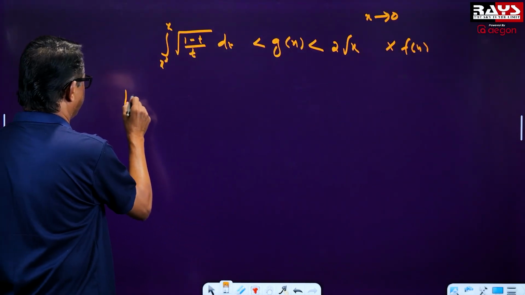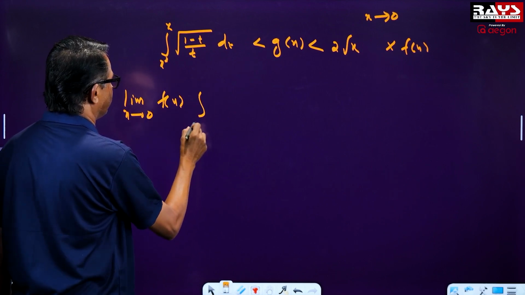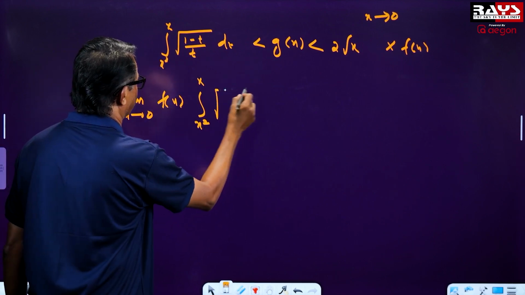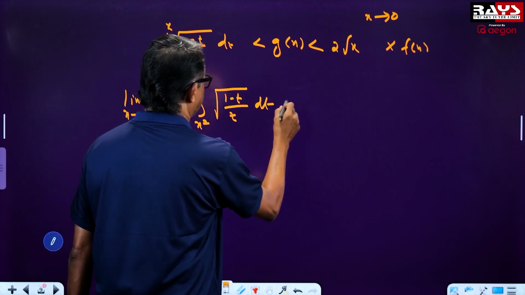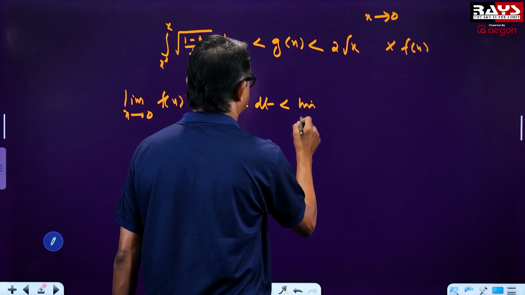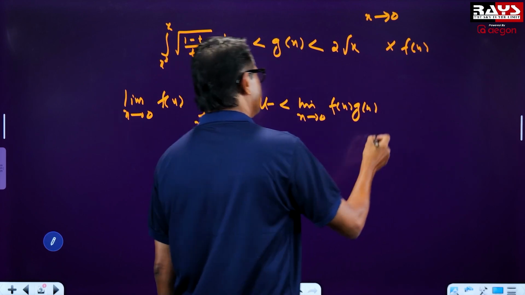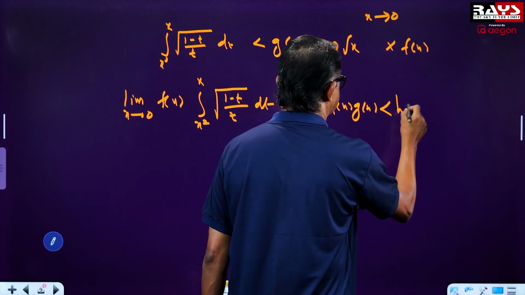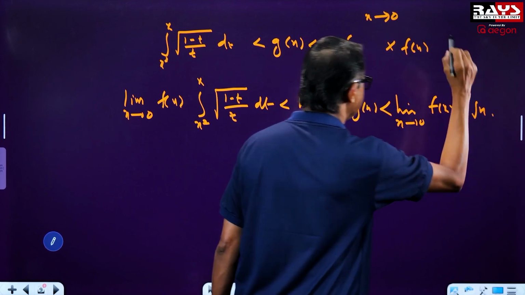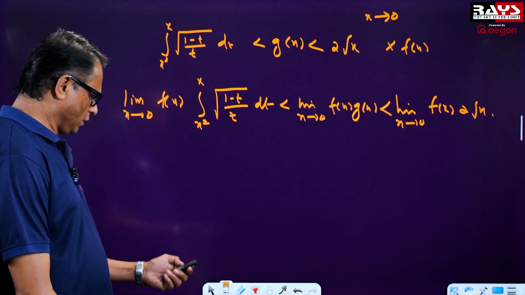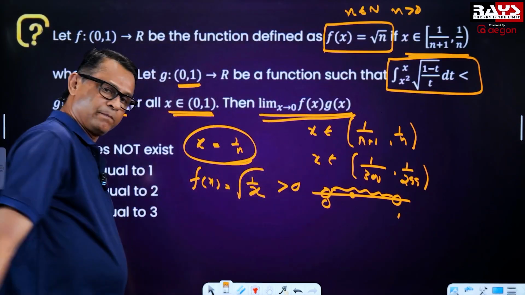So I multiply by f of x: the limit as x tends to 0 of f of x into the integral from x square to x of root of 1 minus t by t dt is less than the limit of f of x into g of x, which is again less than the limit of f of x into 2 root x. We know that f of x is of the form 1 by root x, which is definitely a positive quantity.